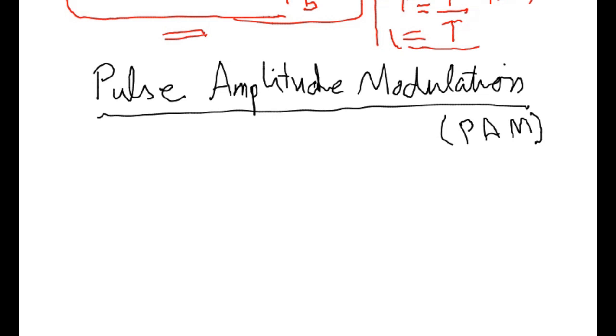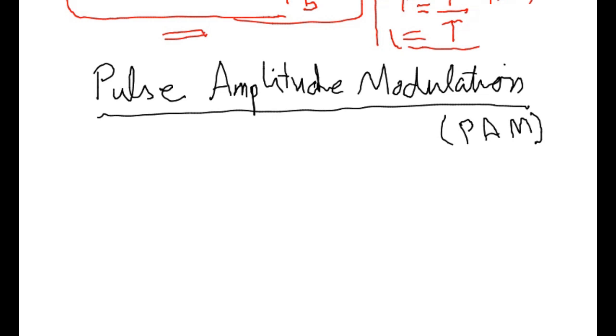In pulse amplitude modulation, we have the same memoryless modulation. Keep in mind, we will have the same diagram. The input should be a binary sequence or bits to the modulator, and the modulator output should be s_m of t.